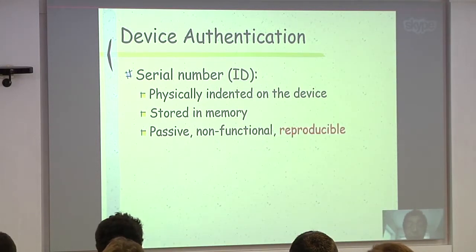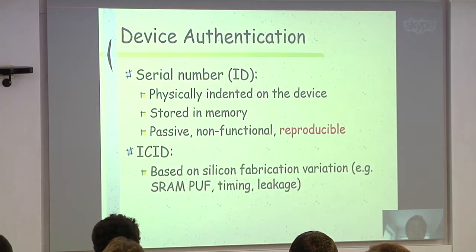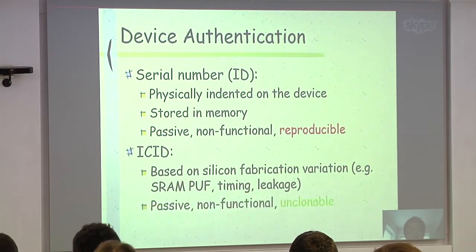So that brings us to something better than the serial number, which is also something people have been doing in the past. One is called the integrated circuit ID, or ICID, based on silicon manufacturing variations. For example, people have been using the timing signatures or the leakage signature of the device to identify the chip.